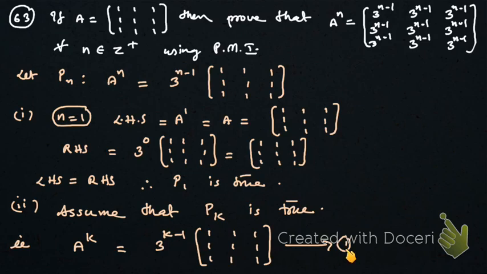That is the assumption we make. And don't forget that k stands for any positive integer. We assumed that the result is true for n equal to k.